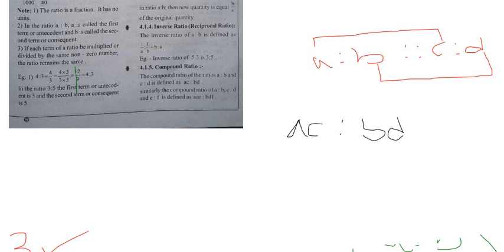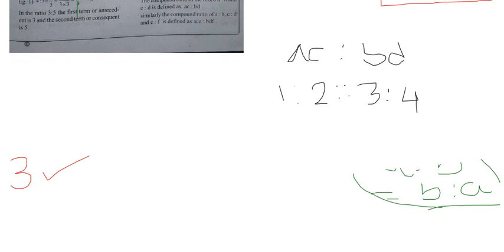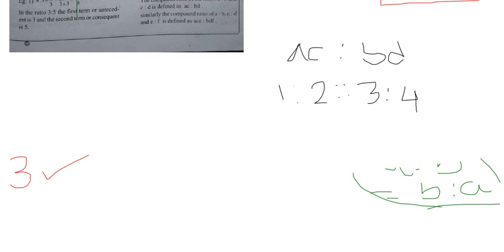If the numbers are like this, how do we find the compound of these ratios? Anyone can pause the video and tell me the answer. When you are doing the compound ratio, do A into C and B into D. The first number is always A, second B, third C, fourth D. You have to assume like that.